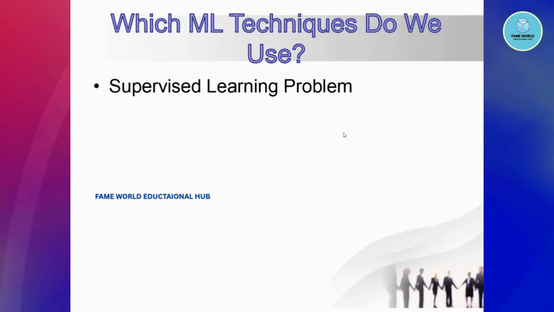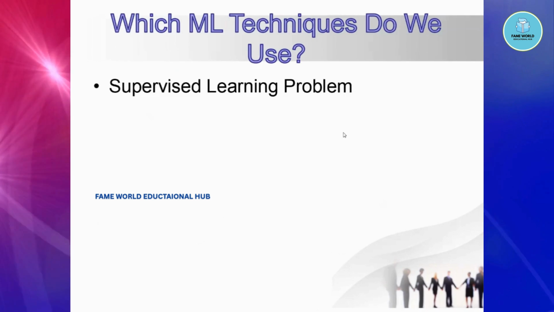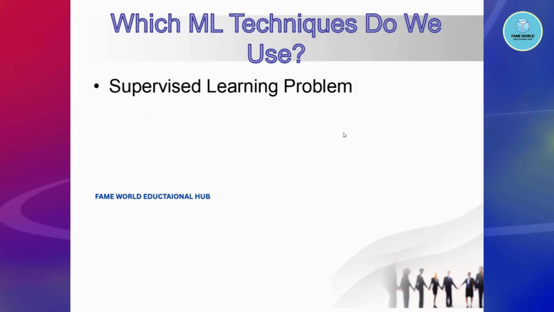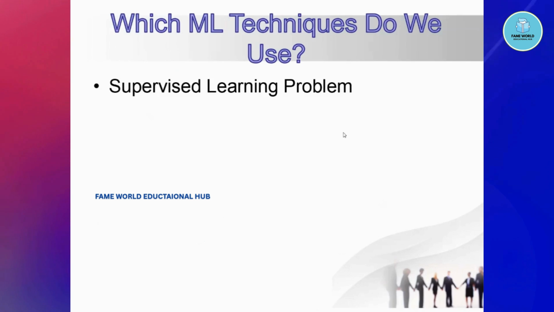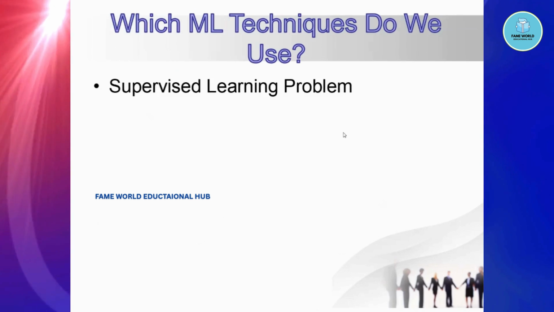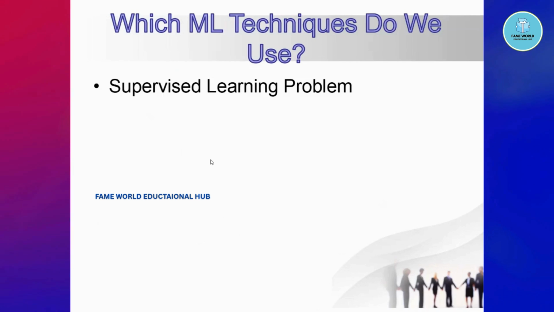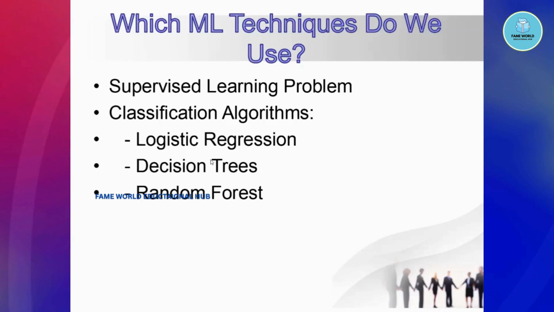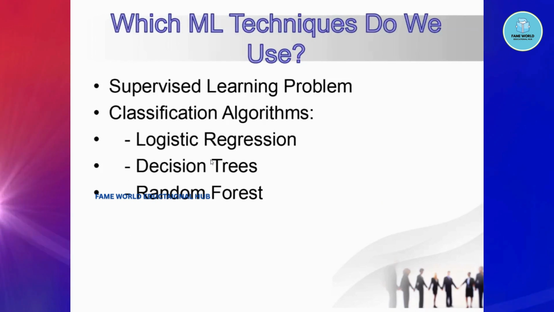This is a classic supervised learning problem. Why? Because we already know the outcome for the past data, default or no default, and we want to teach our model to recognize patterns based on that. The nature of the output, which is categorical, makes this a classification problem.